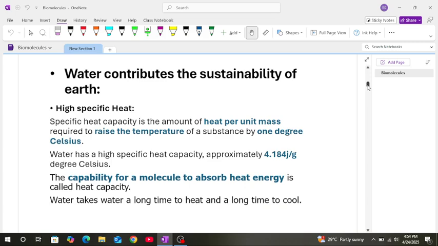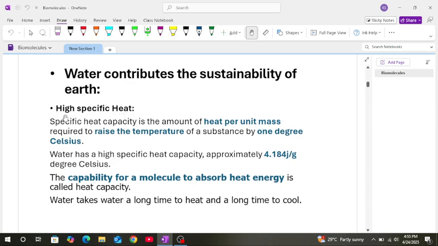And then high specific heat. Now we'll understand what this high specific heat is. When we want to increase the temperature of water by 1 degree centigrade, the particular heat we have to give to that water to raise the temperature by 1 degree centigrade is called specific heat.